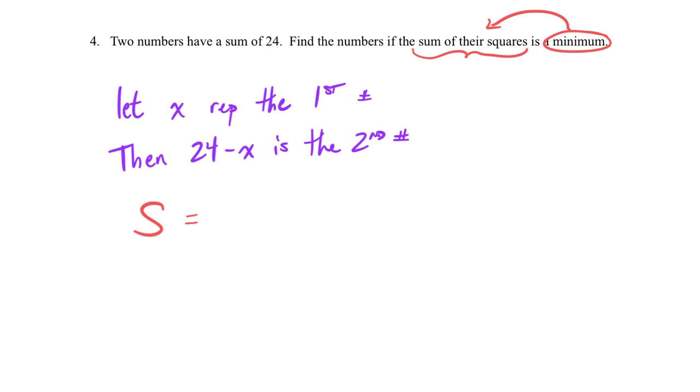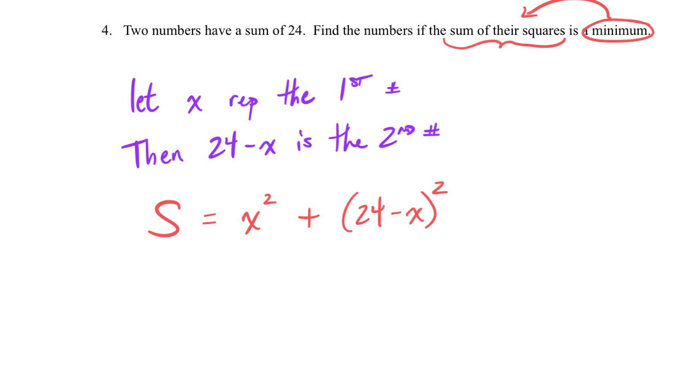Well, if it is the sum of their squares, then I need to take the first thing, square it, and add it to the second number squared. If you take a peek at that red function, you'll notice it satisfies that second sentence.